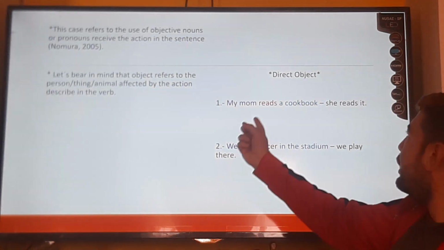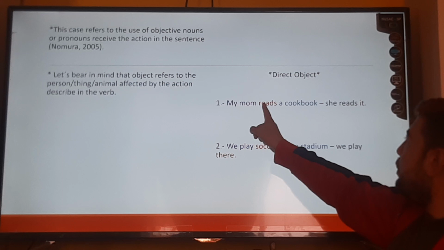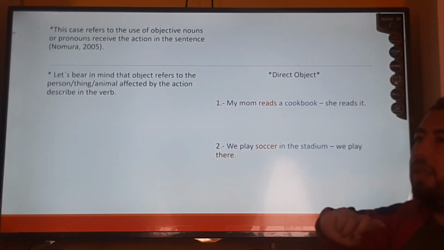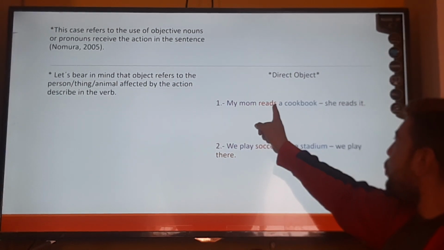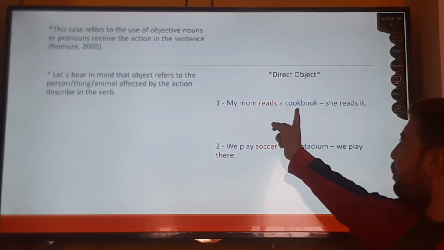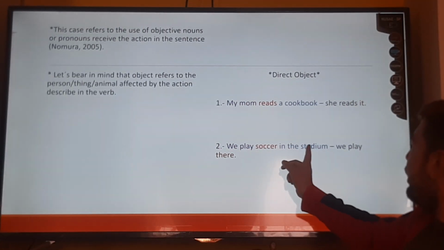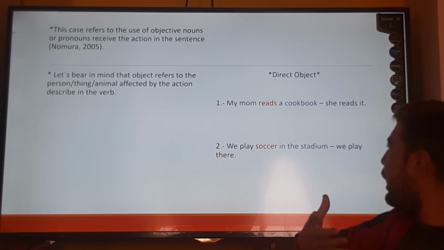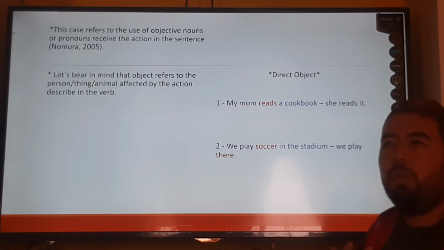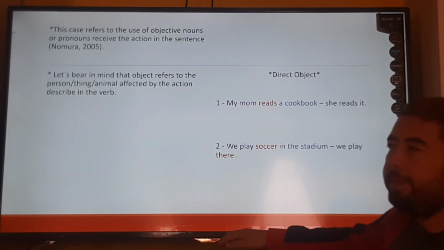The first is direct object. My mom reads a cookbook. We play soccer in the stadium. Who receives the action? The cookbook, because my mom reads. She reads it. We play soccer in the stadium. Who receives the action? In the stadium, because we play soccer. But where? In the stadium. We play there.